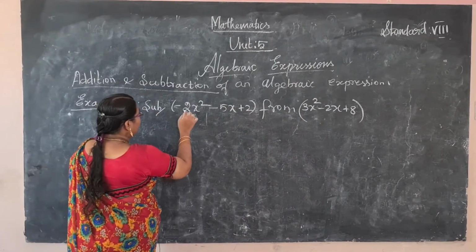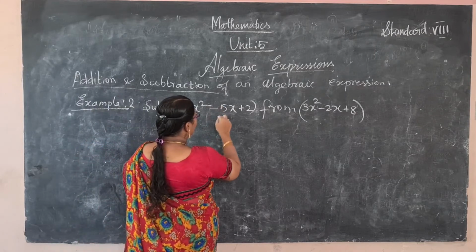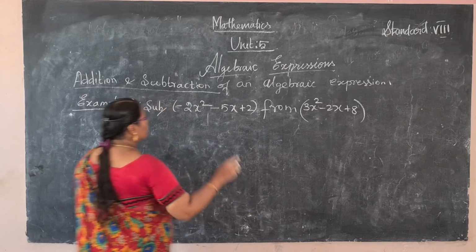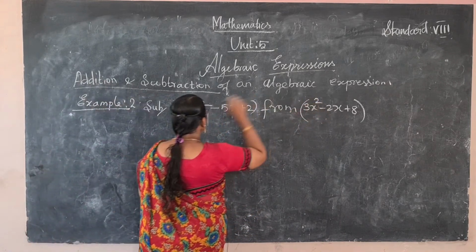Now subtract the algebraic expression minus 2x squared minus 5x plus 2 from this algebraic expression. So "from" means from this one to this one.